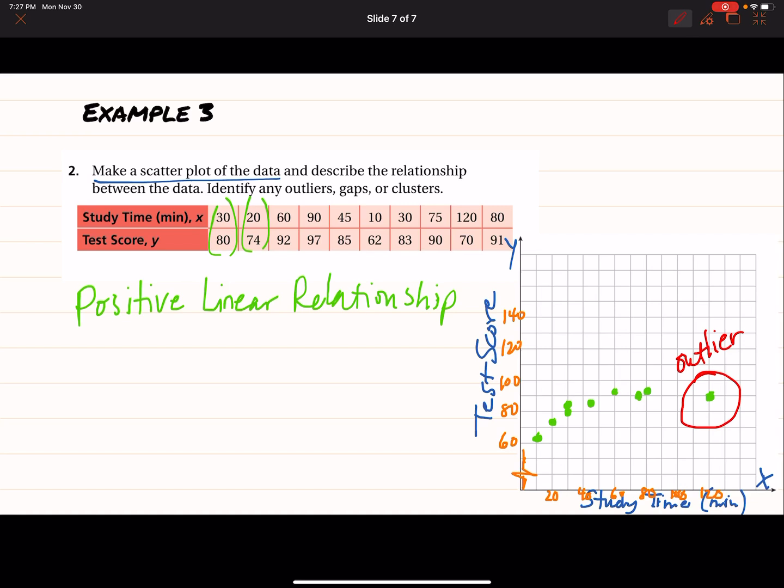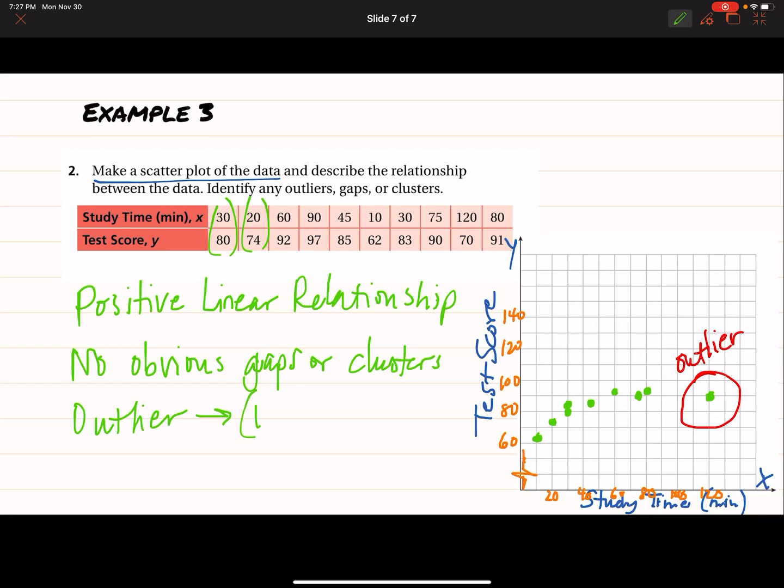So when we get ready to label that, we can say no obvious gaps or clusters. And we want to mention we do have an outlier. That outlier is 120, 70. So you can see that one right there as your ordered pair.